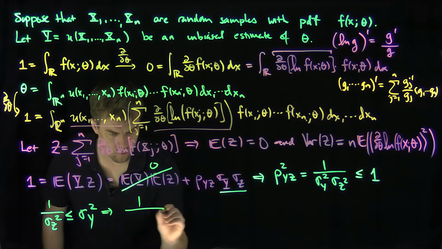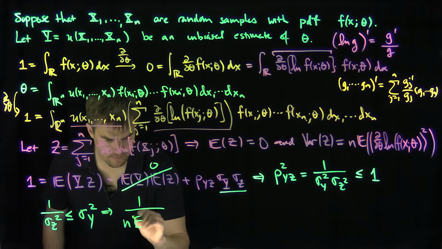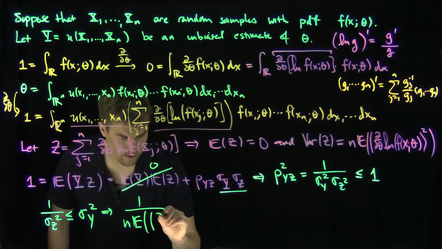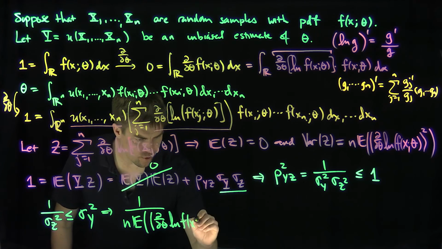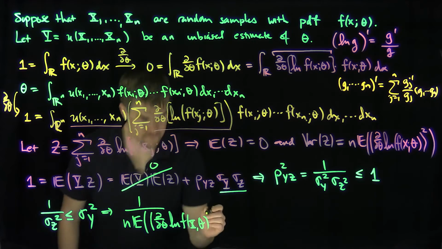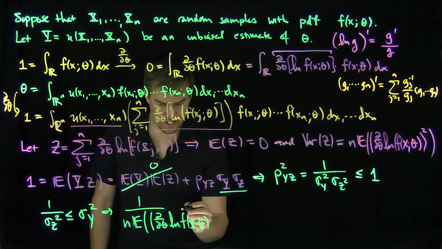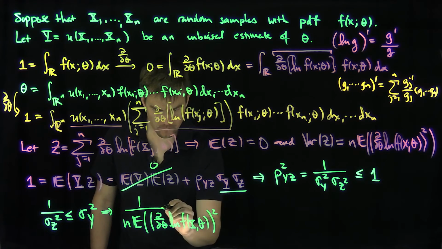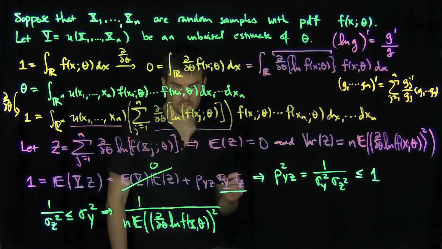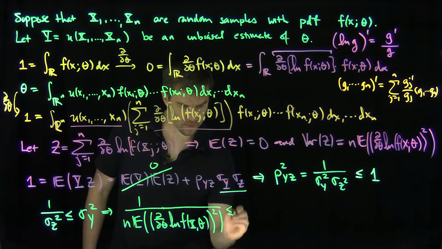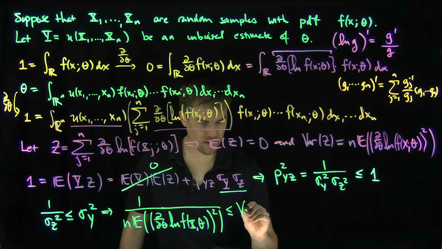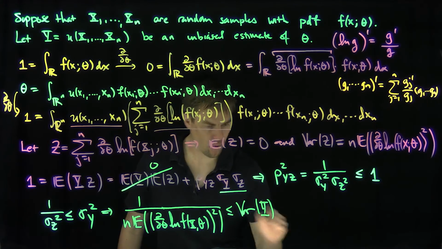This is going to be 1 over n times the expected value of the square of the theta derivative of the log of f of x theta, squared, like that, and this is less than or equal to the variance of the estimator y.